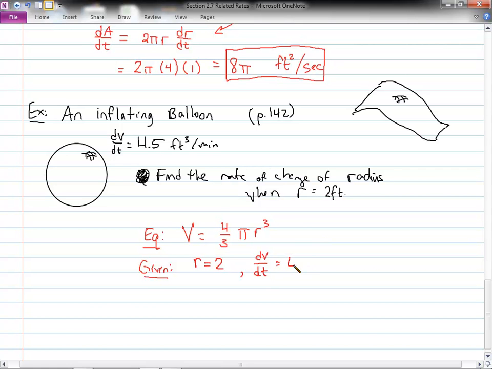Those are two different quantities. It's the difference between a function and its derivative. All right, so what are we asked to find? So dr/dt.